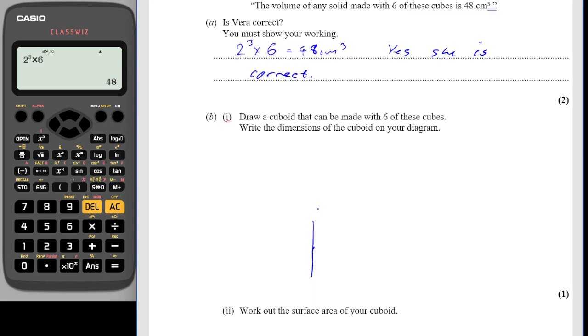We'll see how this goes. So we've got 2 by 4 by 6.